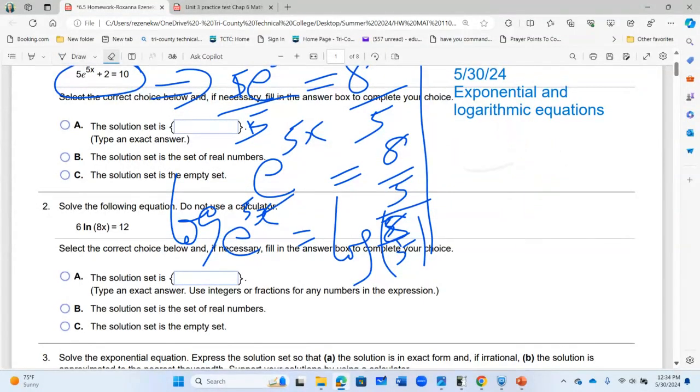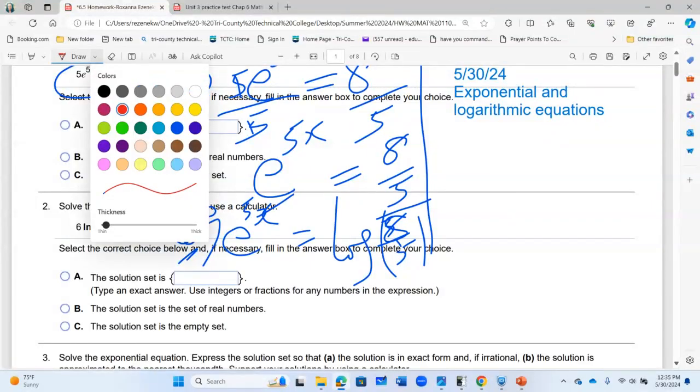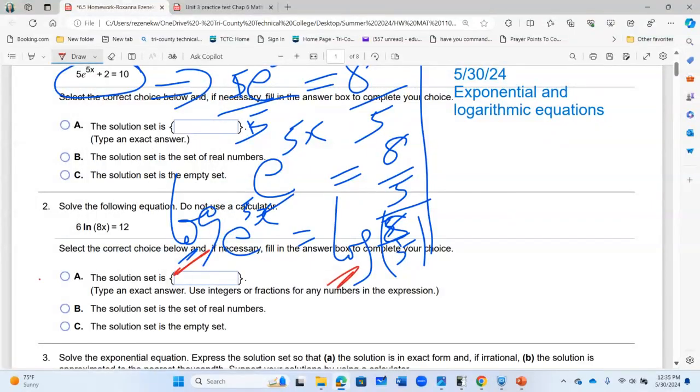So I'm taking the natural log of both sides: natural log of e to the power of 5x is equal to natural log of 8 over 5.